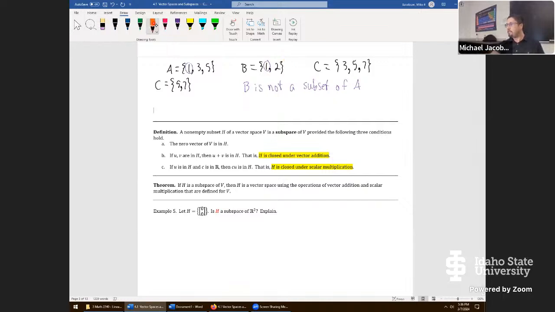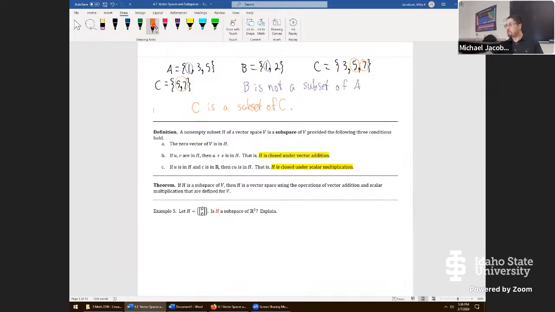But 5 and 7 are both in the set A, so we can say C is a subset of A. So that's what we mean by subset. Every element in the smaller set, which was C in this one, has to be a member of the larger set, A. Let me fix that there.